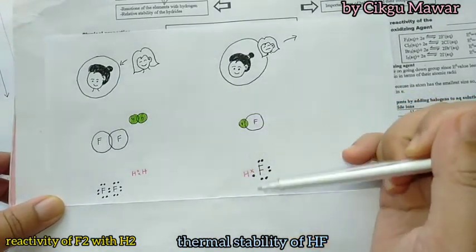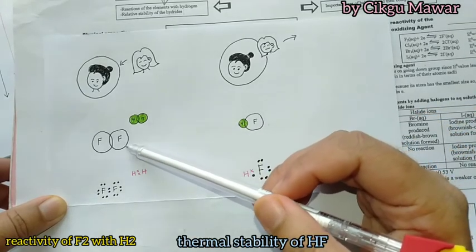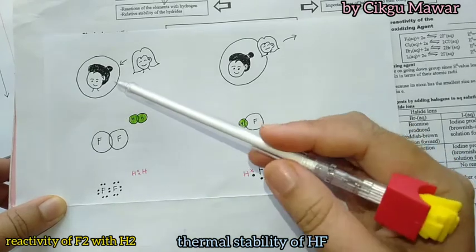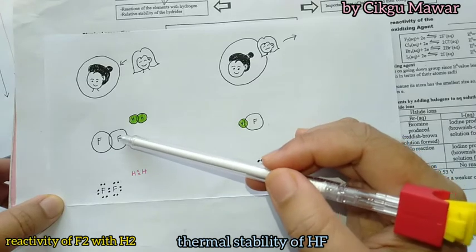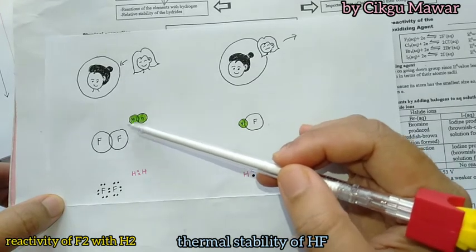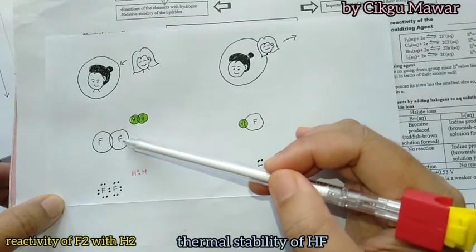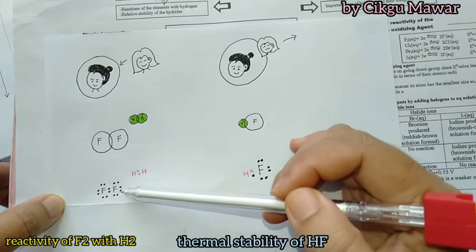As a conclusion, to deduce the reactivity of fluorine: fluorine is very reactive because of its smaller size, so it readily accepts an electron and shares the electron with hydrogen.